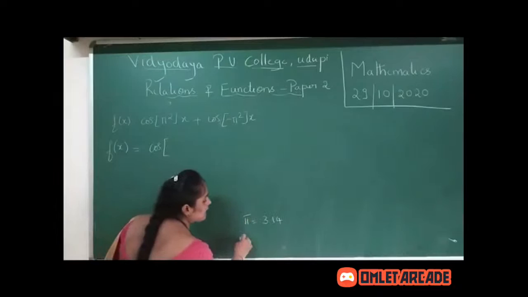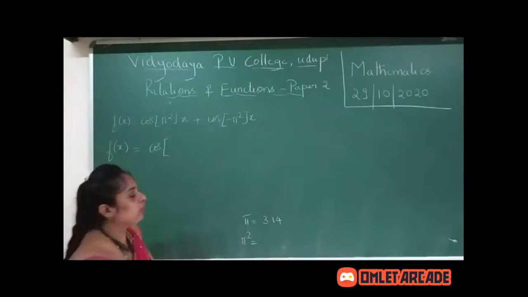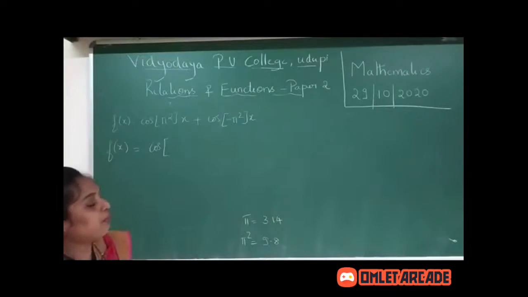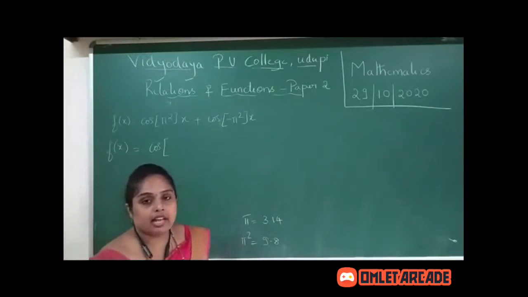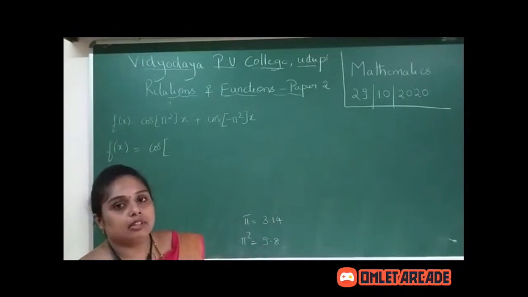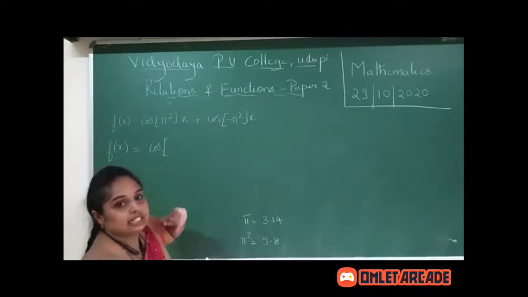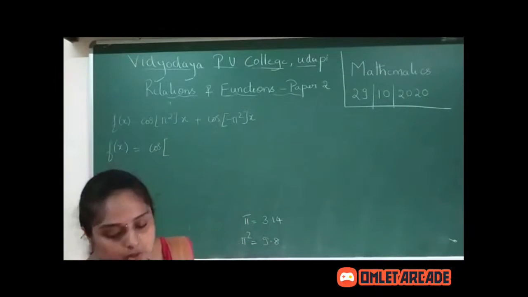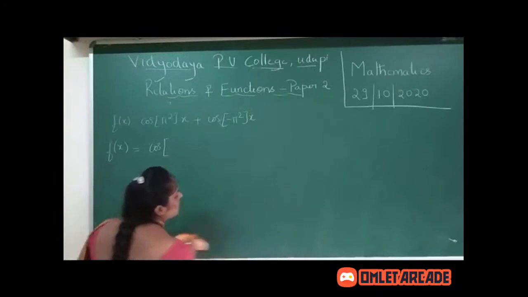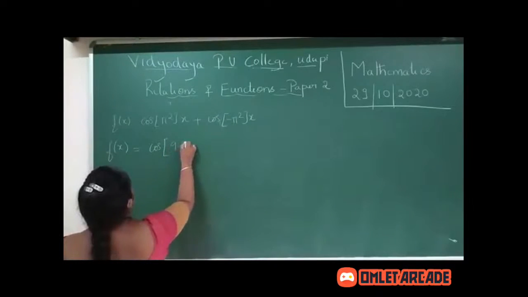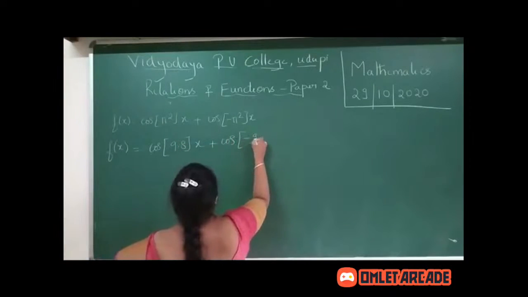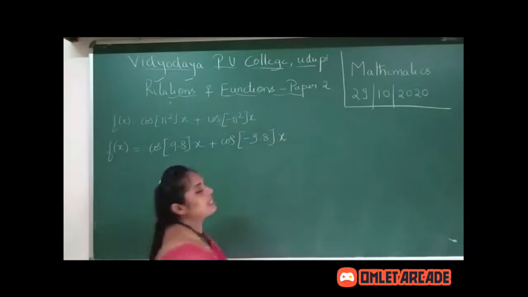So pi square would be 9 point something, it's not 10. I'll assume it as somewhat 9.8, because where you say greatest integer, it assumes the previous integer. So f of x is cos of 9.8 x plus cos of greatest integer of minus 9.8 x.